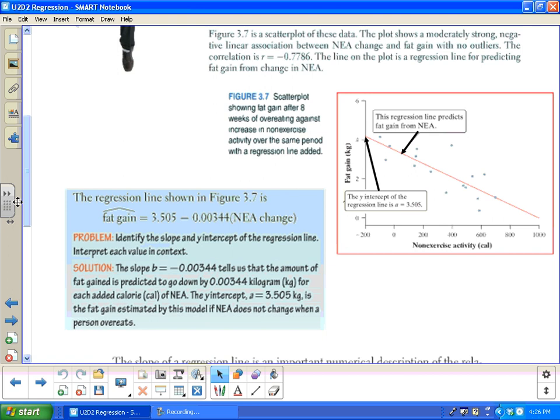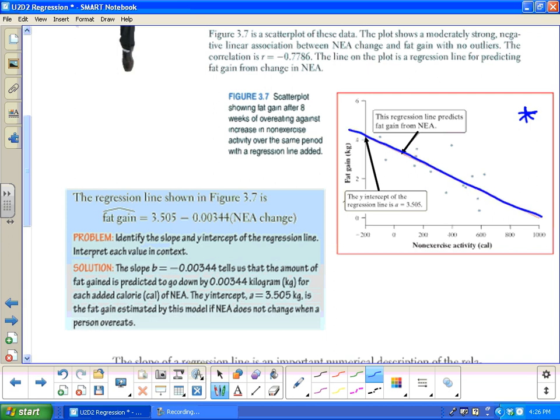If we look at this graph, we have our data plotted in a scatter plot, and then they've gone through and calculated, in a really fancy way, this line that would best approximate the data. You want about half the points below and about half the points above.